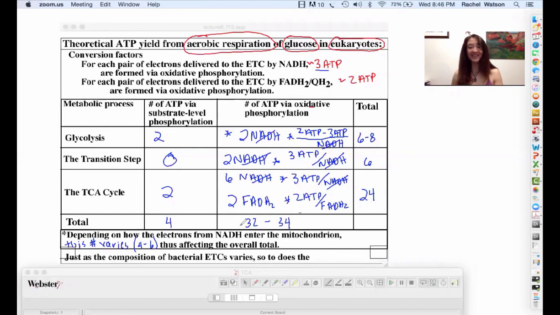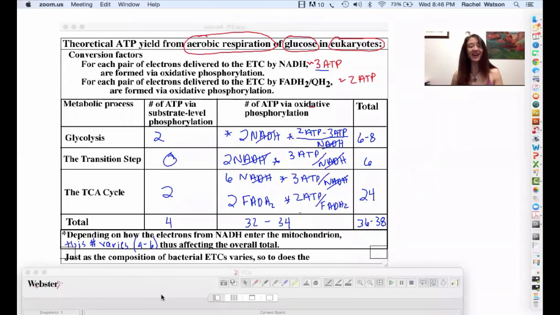Now you can see why Sarah said 32 ATP, right? That's a lot that can come from oxidative phosphorylation, even on the low estimate. So 32 plus 4, or anywhere from 32 to 34 plus 4. So we're looking at 36 to 38, with, of course, that 38 being overly optimistic, but nonetheless getting a whopping tally when we're using both oxidative and substrate level phosphorylation.